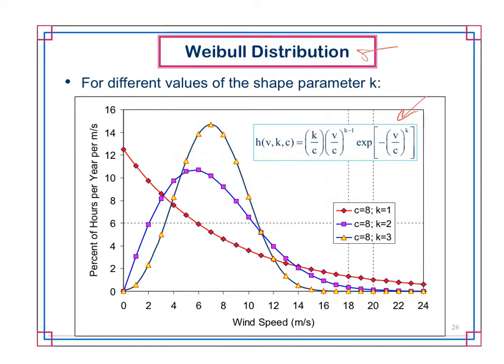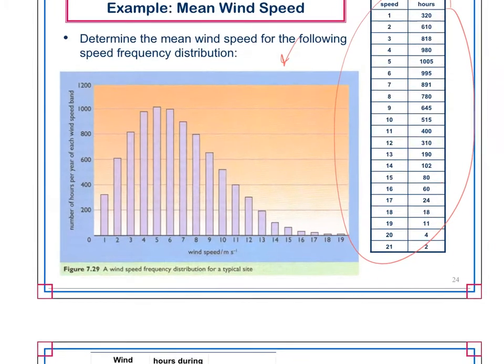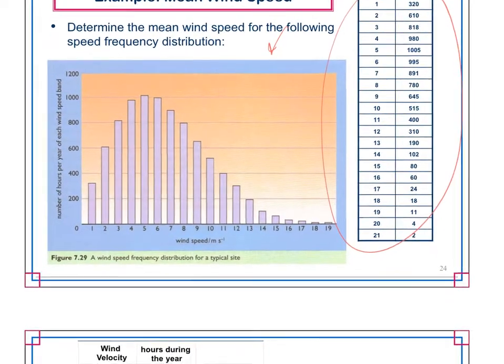We won't do a ton of calculus here, just enough to make sure that we see it. But here is the Weibull distribution. And we're going to try it with different scale values and shape parameters. If you notice, my scale is constant, going to be 8, but my shape factor is going to vary from 1, 2, and 3. And out of the 3, which is the closest to looking like our realistic density function?